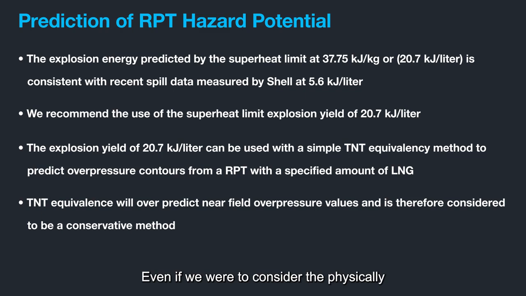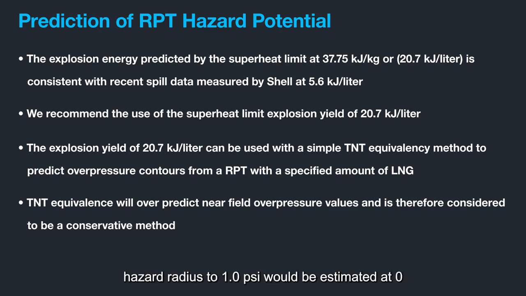Even if we were to consider the physically impossible, for example, the entire contents of one LNG storage tank, say 25,000 metres cubed, participated in a single RPT at the same time, only a small portion of the liquid spilled on water that is in intimate contact with the spill surface has been shown to participate in an RPT in large-scale field trials.